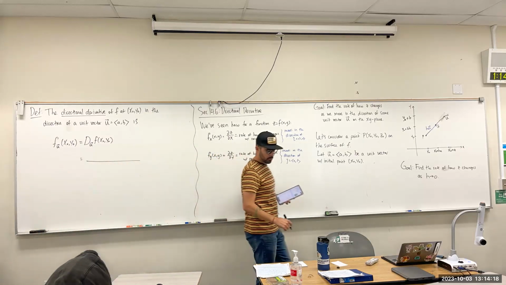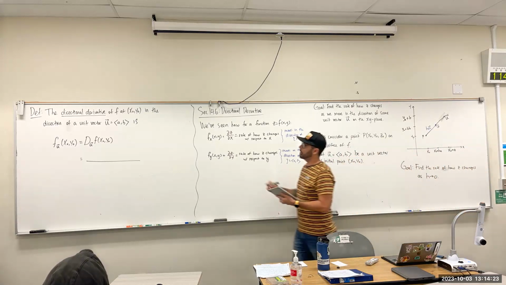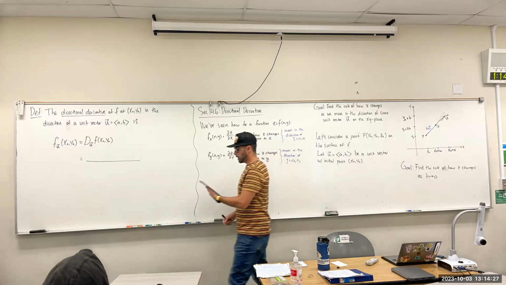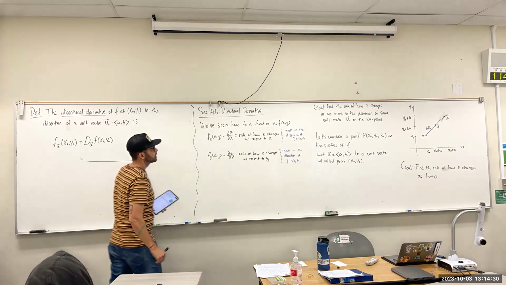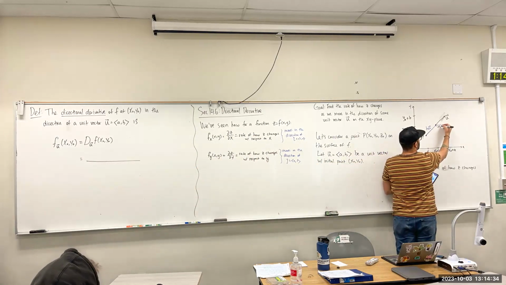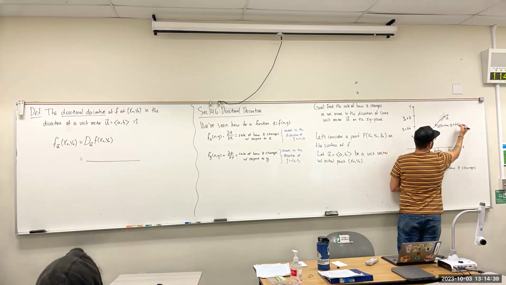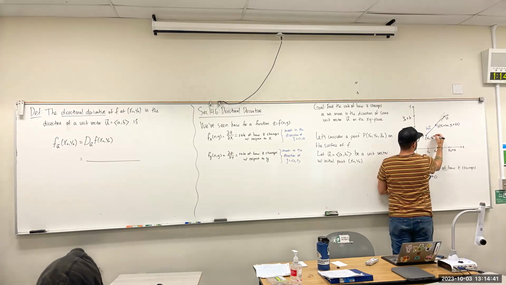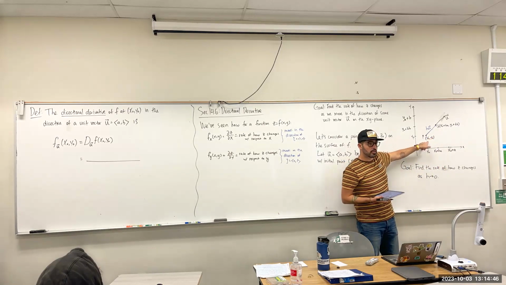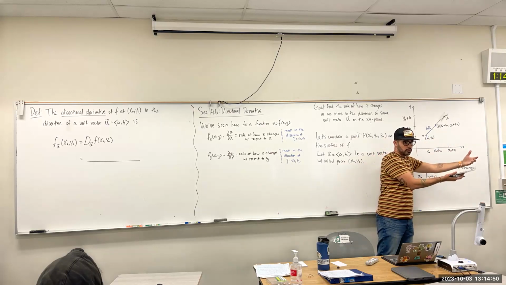You guys look at your picture. The point above this bad boy, P, and then the point Q. Let me actually write the coordinates so you guys can see it here. x naught plus ha, y naught plus hb, and x naught, y naught. We're going to look at the difference of the z values at those points. So we have to plug them into the function f to get their z values.